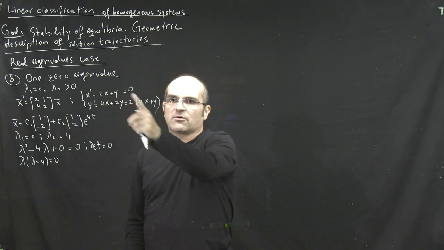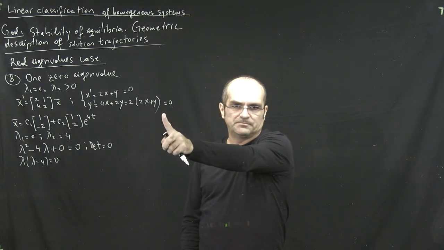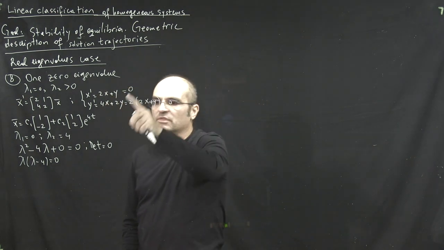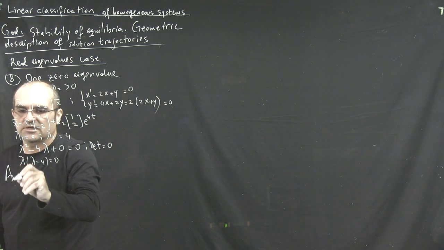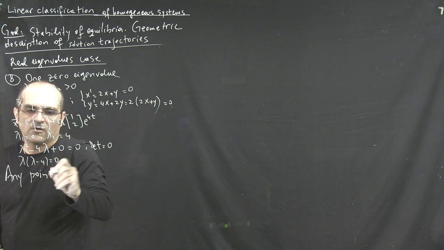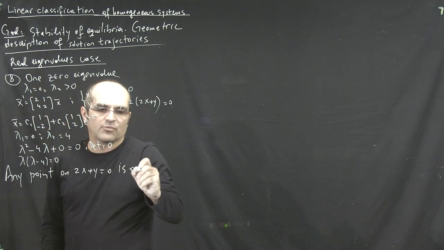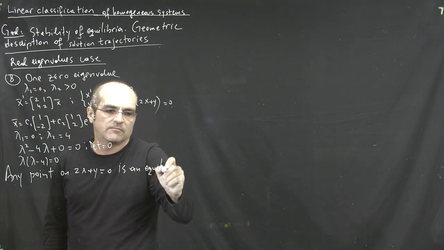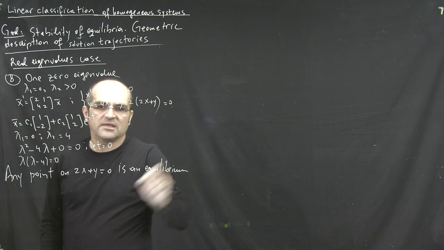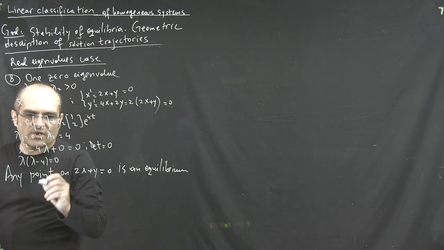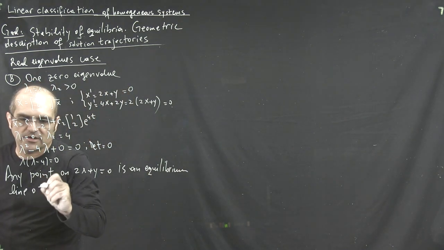So you have infinitely many solutions of this system. 2x plus y equals 0, this doesn't give you anything new. Any point on the line 2x plus y equals 0 is an equilibrium point. Therefore, in the zero eigenvalue case, we have what is called a line of equilibria.